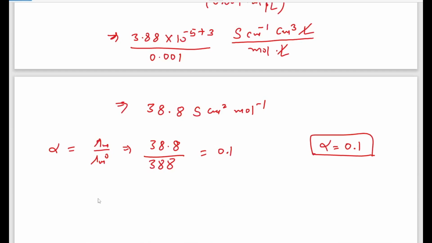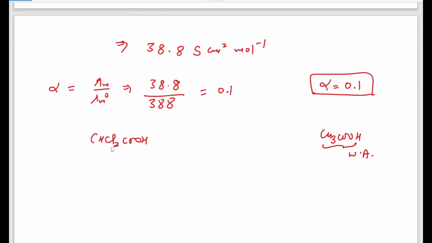Now since this is dichloroacetic acid, if we consider the case of acetic acid, it is a weak acid, but in this case there are two chlorines also, so compared to acetic acid this is a stronger acid. For this case it will dissociate into the anion plus H⁺.